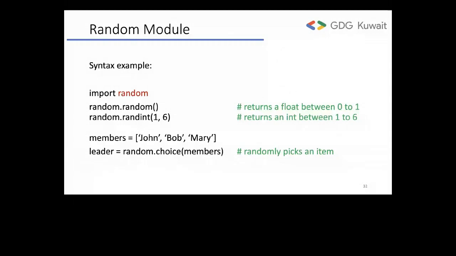So we have a variable member that has 3 values stored inside this variable. Okay, we will say that leader equals random.choice member. So we want to choose the leader from the variable member, one of them, either John, Bob, or Mary. So it will give us a random choice of one of these as an output.